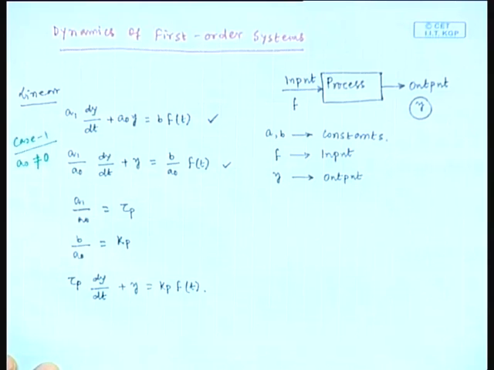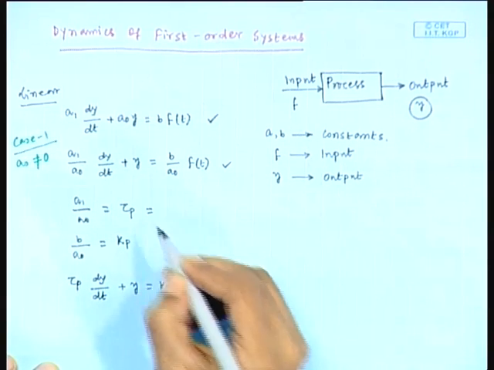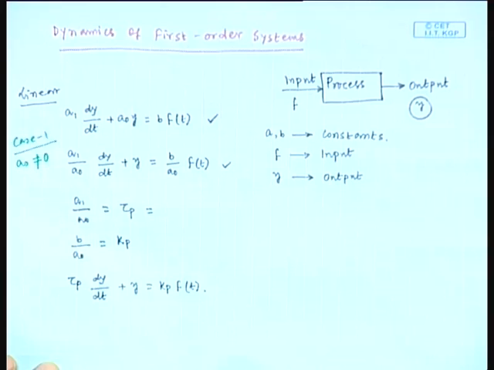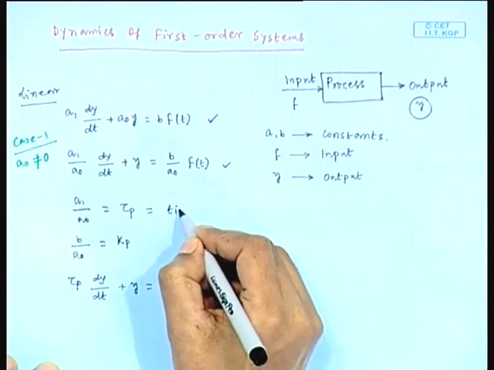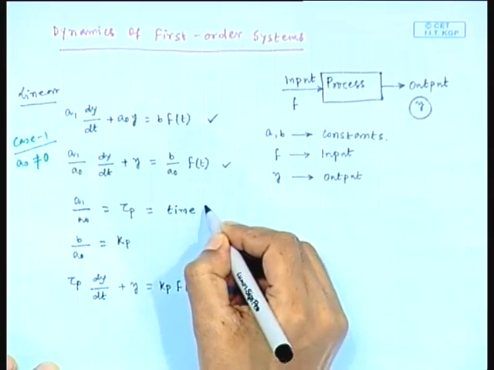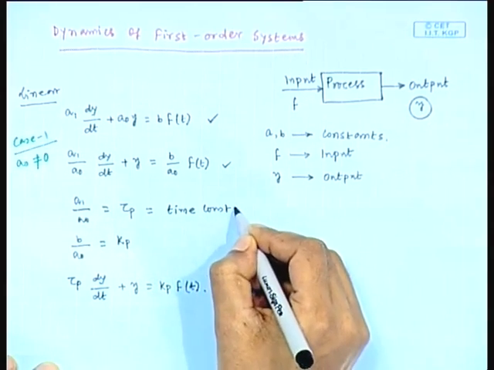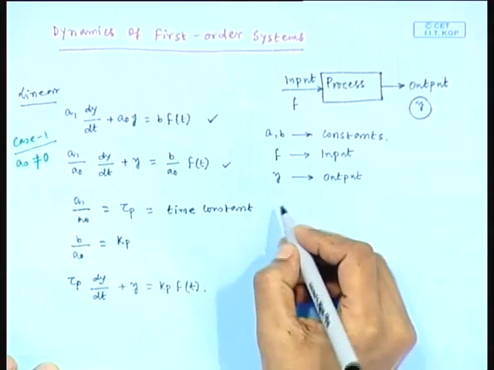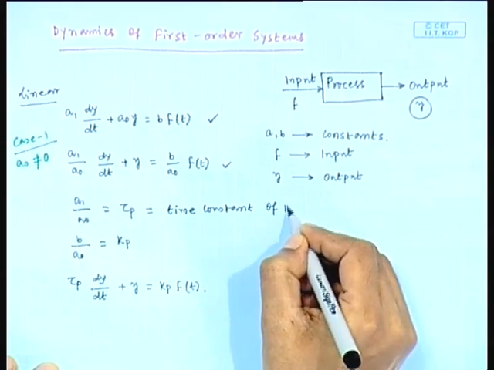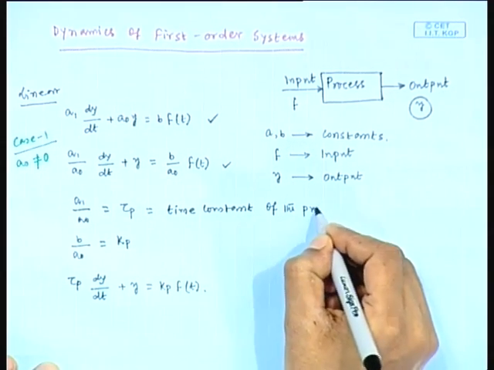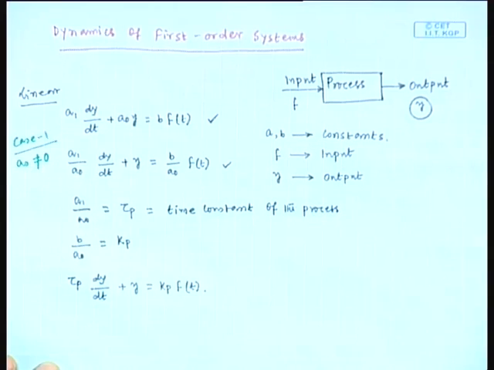Fine. Now, this tau p is called the time constant of the process. Tau p is called the time constant of the process. Definitely we are discussing a first order process.